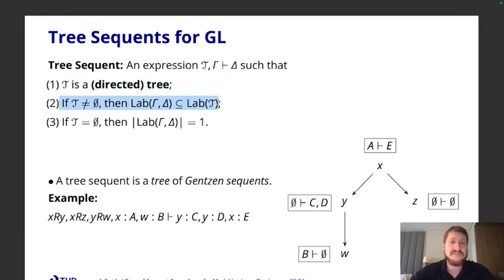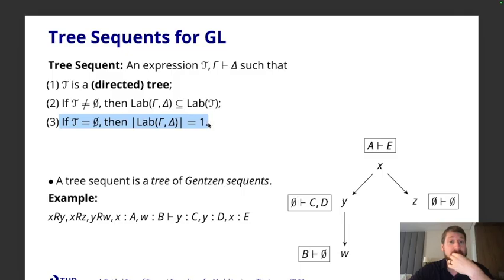The first is that if T is non-empty, so if it contains some relational atoms, meaning there are some edges in the tree, it has to be the case that the labels of the labeled formulae occurring in Γ and Δ have to be a subset of the labels in T. This ensures that the tree is connected. So it is indeed a tree.